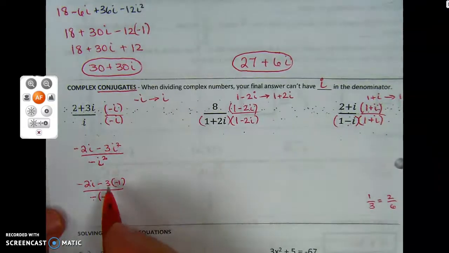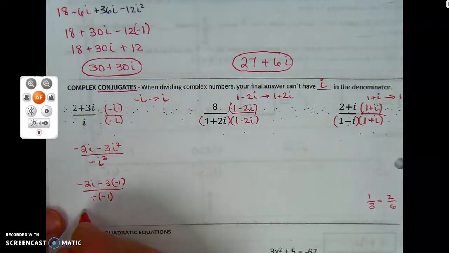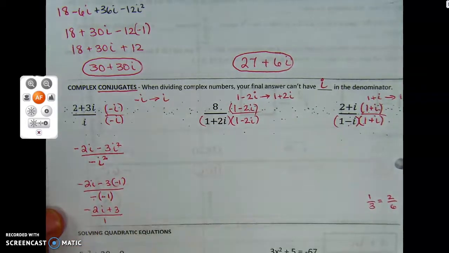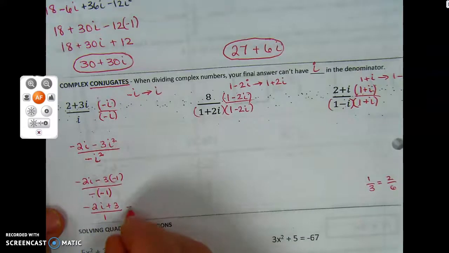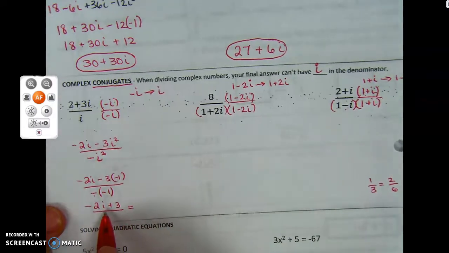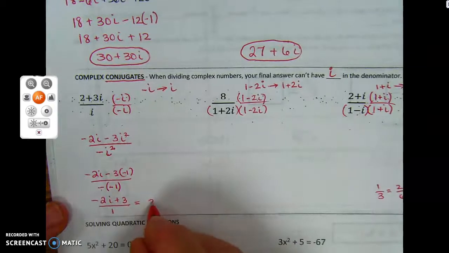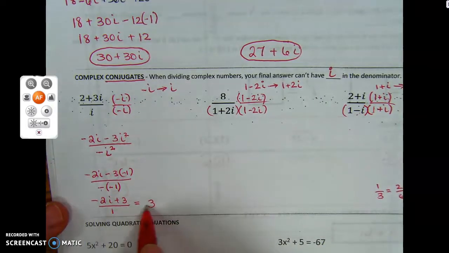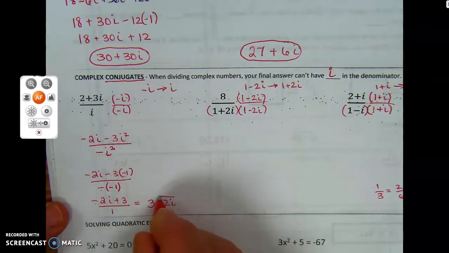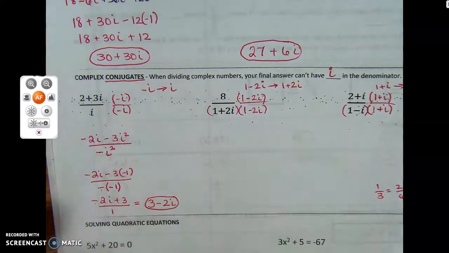Now let's clean it up. Negative 2i plus 3 over 1, which just equals, let's put it in complex number form, so let's put the real part first, 3, which is positive, and then minus 2i, which is negative. There we go. Okay?